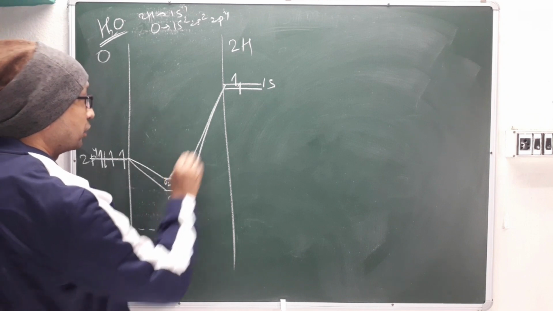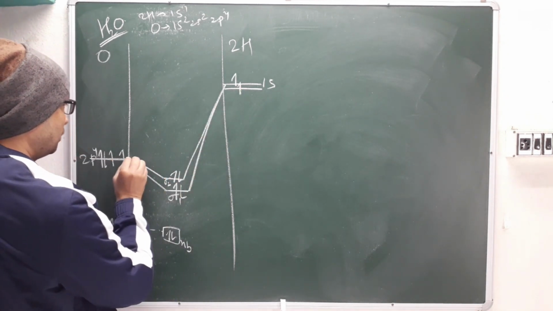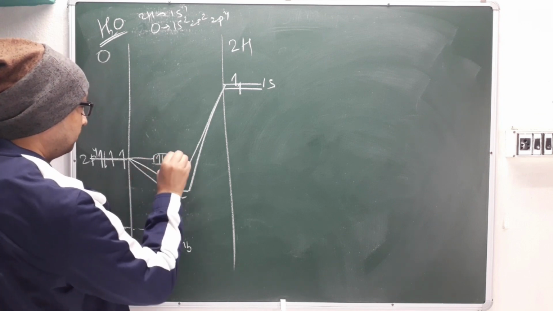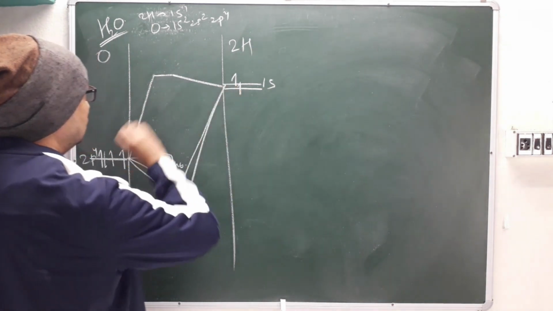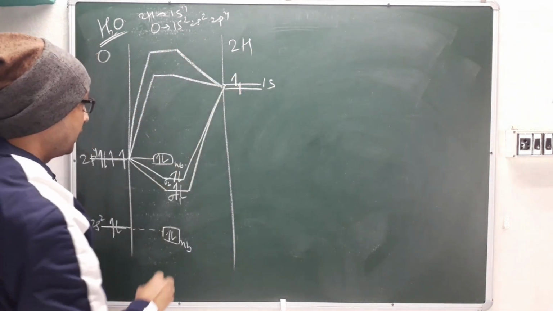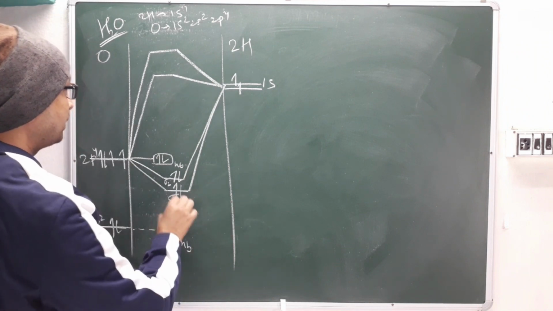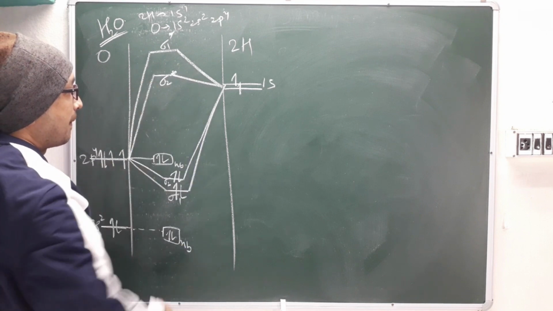Here also 1 electron, and this second hydrogen's 1 electron will come, and then we will have one non-bonding, correct? Similarly, 1 sigma star, another sigma star, right? So this will be your sigma 1 star, this will be your sigma 2 star, correct?